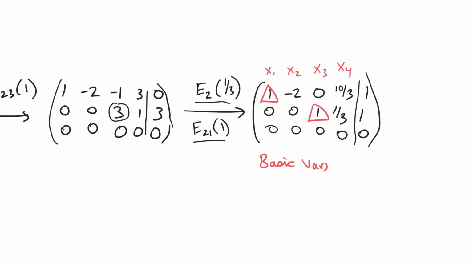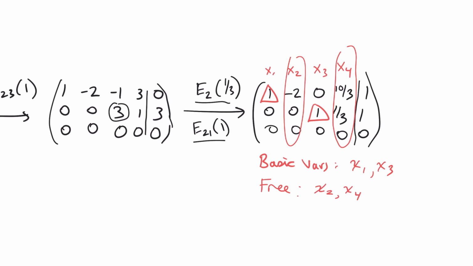The basic variables are x1 and x3, and the free variables are x2 and x4. And we see that because there's no pivot entry in the x2 and x4 columns. Now next up, is the solution to this system unique? Well, no, it's not, because we have a consistent system with free variables. So there will be infinitely many solutions to this particular system.